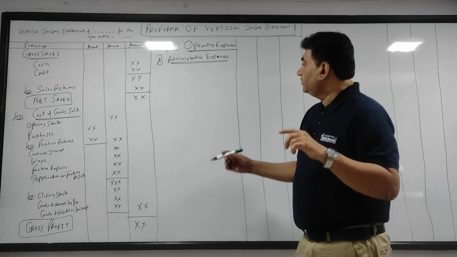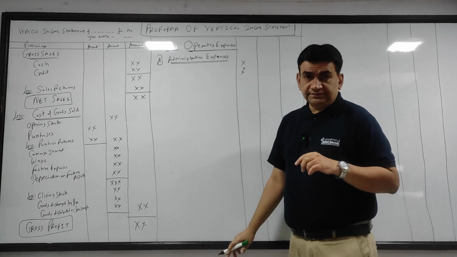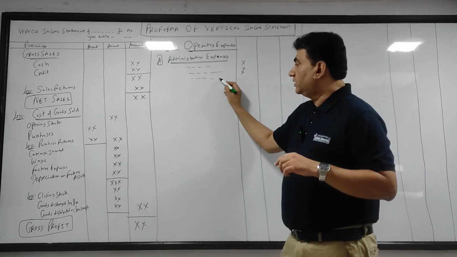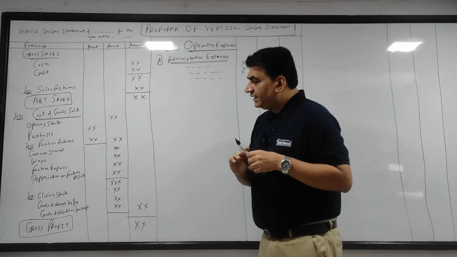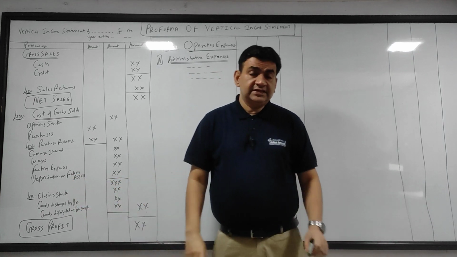So what you will do, you will put all of them in the first column. Whatever the items in the list given, all of them in the first column. Now listen, what was this? Depreciation on factory assets.